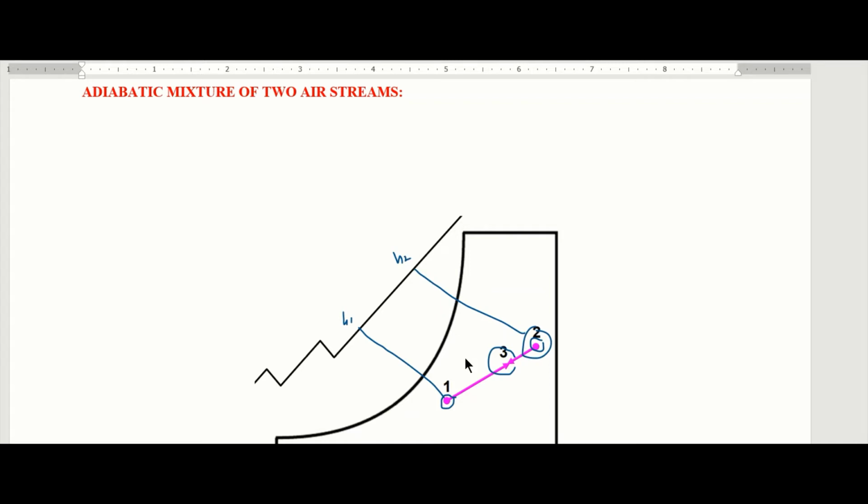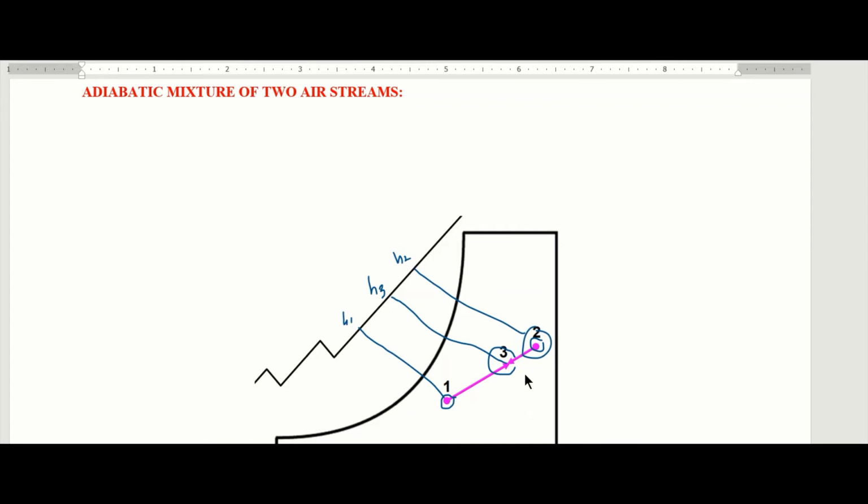All right, now they also have different specific humidity. Now when they combine, we have a new condition which we call H3. This is called H3. All right, so I shall be showing you formulas that we can use to find the conditions of the new or mixed air.